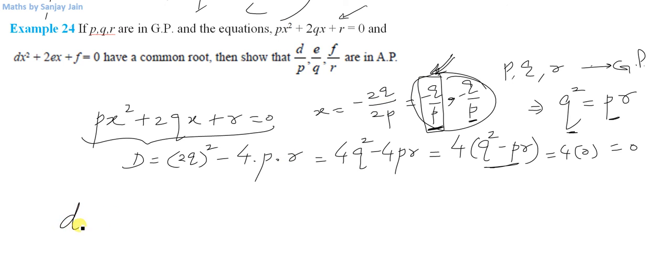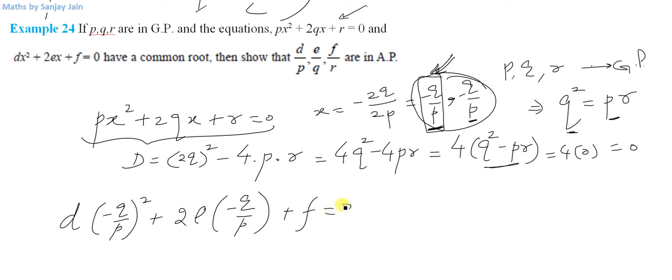What I mean is, if it is a root of dx squared plus 2ex plus f equal to 0, then if I replace x with minus q by p, it will satisfy it: d(q squared by p squared) plus 2e into minus q by p plus f is equal to 0. So this will also be true.